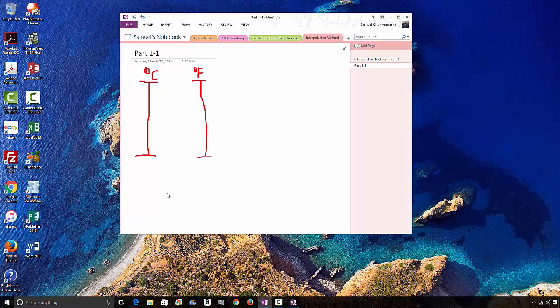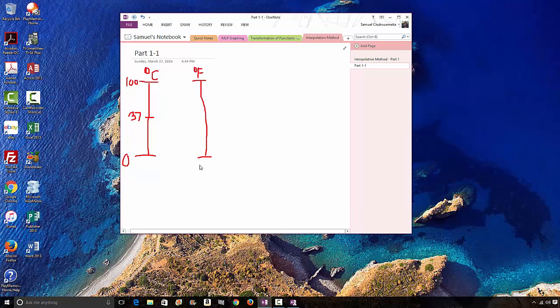Of course, in every chart you would typically have 0 and you will have 100 here. 0 degrees Celsius and 100 degrees Celsius. Then you want to find that of 37. 37 is not there on the chart. Let's say it is not there on the chart. But you have 0 degrees Celsius, you have 100 degrees Celsius.